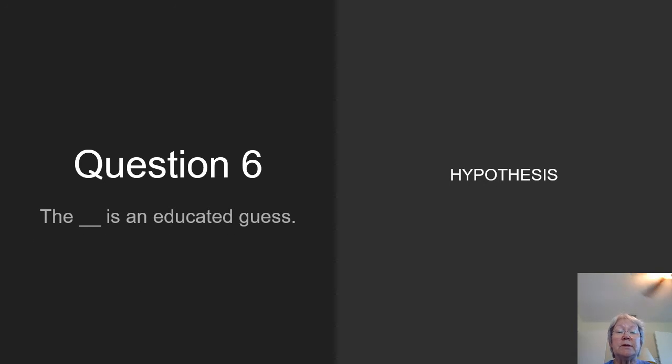Number 6 says the blank is an educated guess, and most people probably by this time know that this word is hypothesis. H-Y-P-O-T-H-E-S-I-S. Hypothesis. That is a pretty common definition for hypothesis. An educated guess.